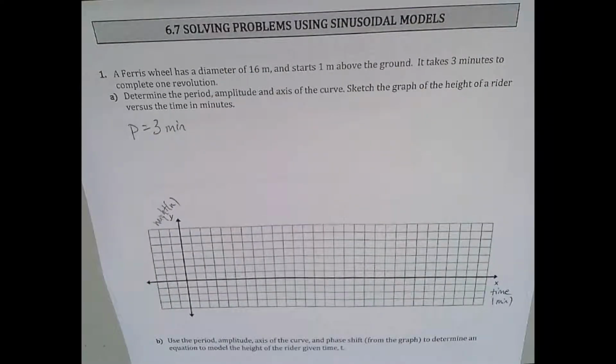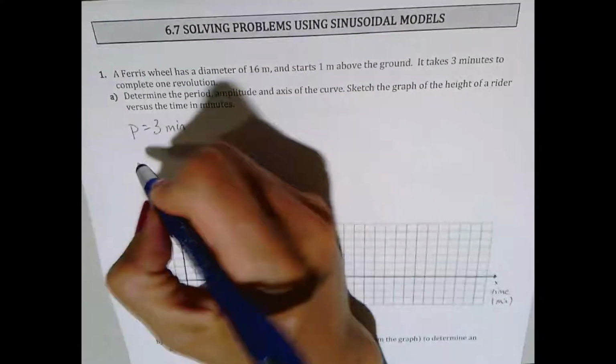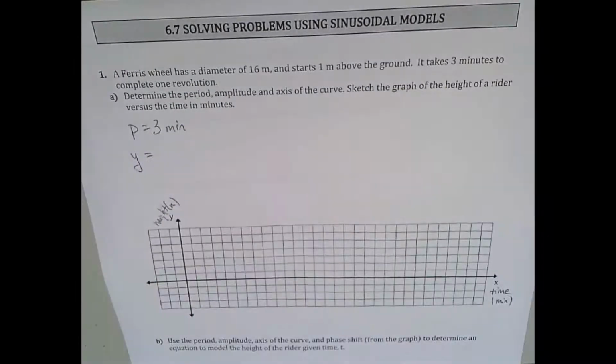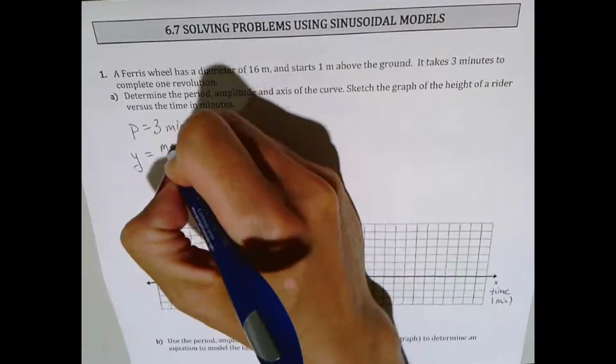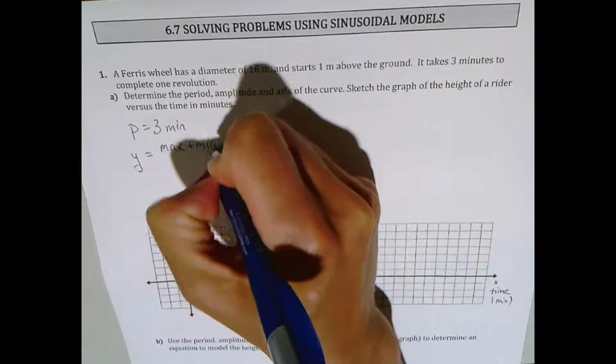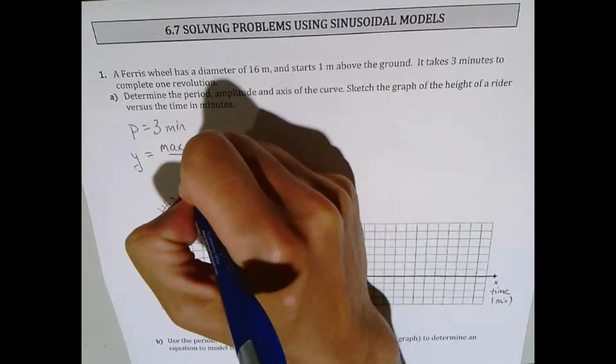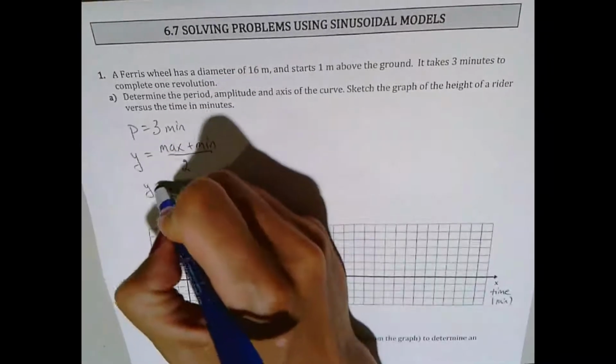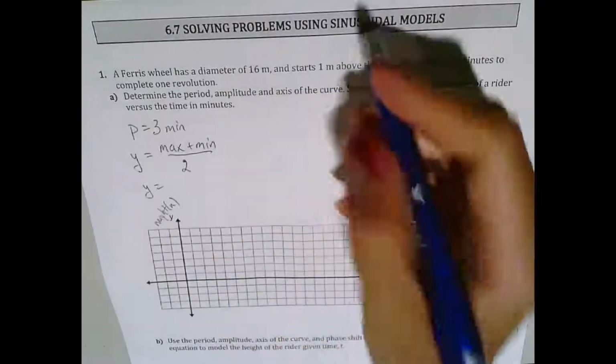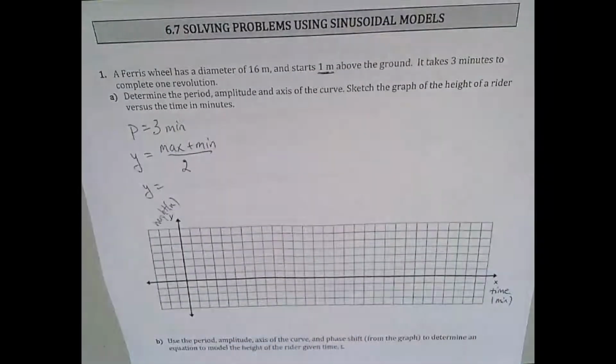Amplitude, well, how do we find the amplitude? We have to find the axis of the curve first. So we're going to find y first. We're going to say y is max plus min over 2. And then what is the minimum? Well, the minimum we know that it's 1 meter.